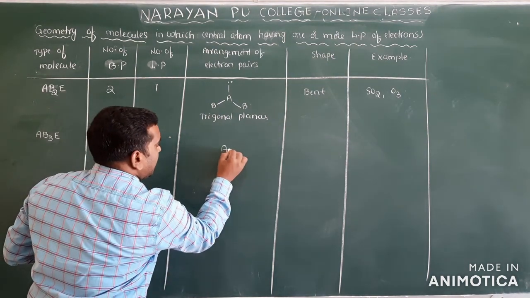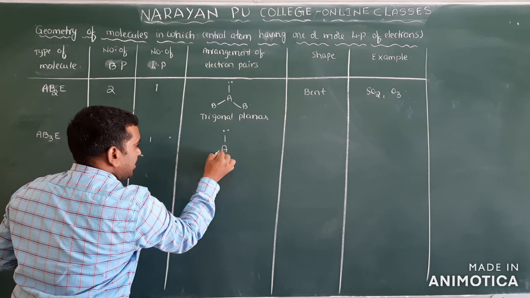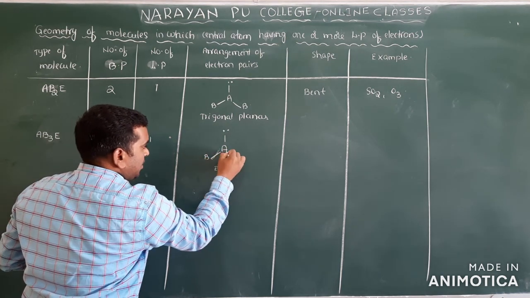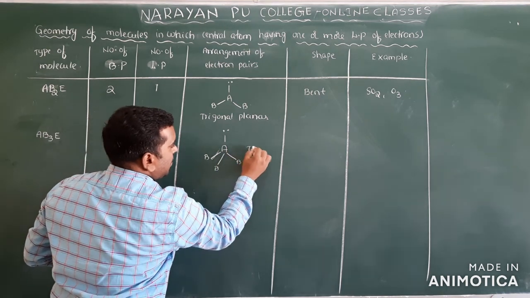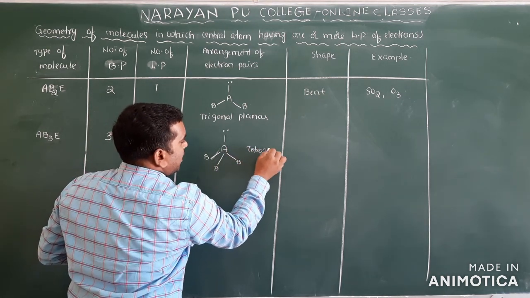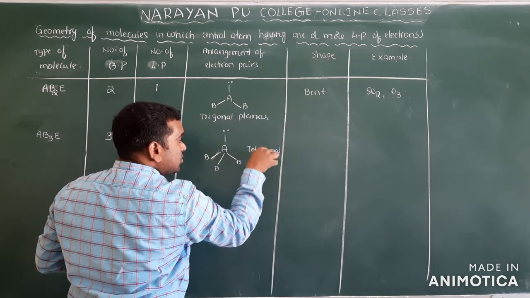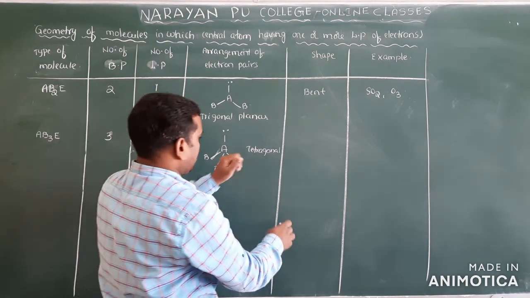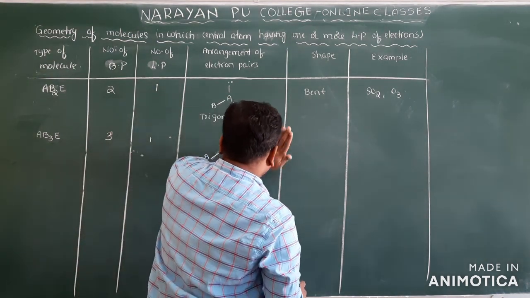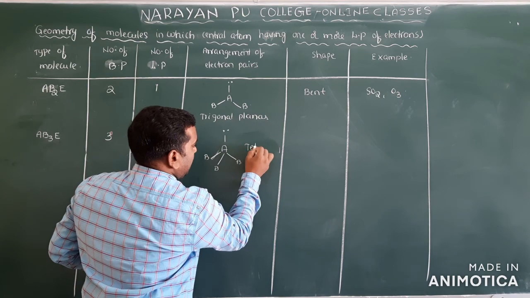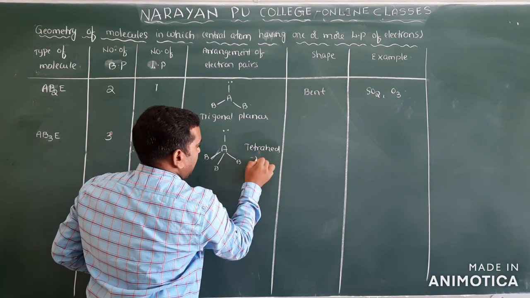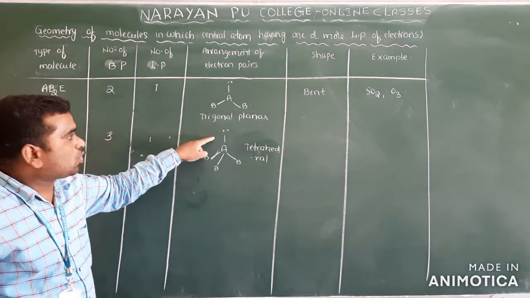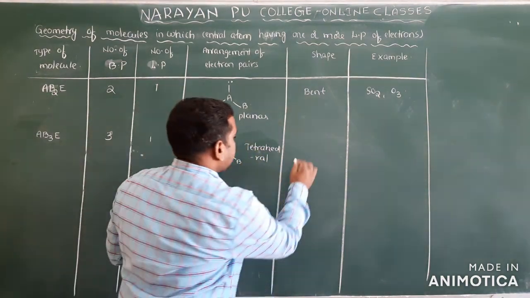So here A and here B, and this is also B. So the geometry here is tetrahedral geometry. Clear?